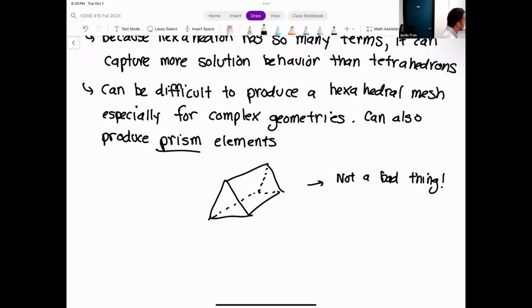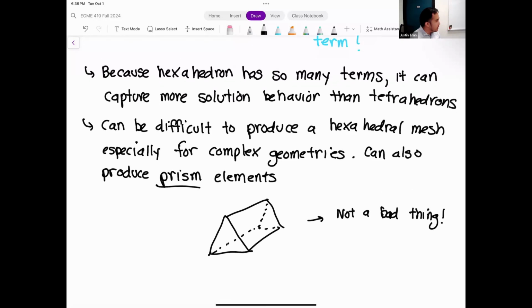Full prism meshes aren't really a thing. It's just a consequence of the meshing, and it's not a bad thing. So don't be alarmed if you've got a lot of prism elements in your mesh. All that really means is that your geometry is probably a little too complex to fit the vast majority of hexahedrons.